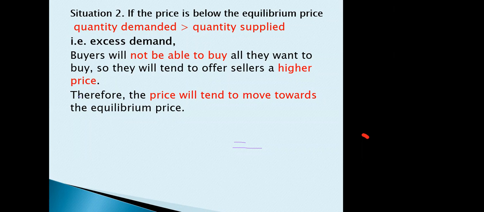They will pay more because the material is not available. Therefore price will tend to move towards the equilibrium price.